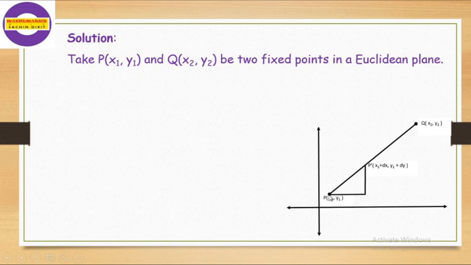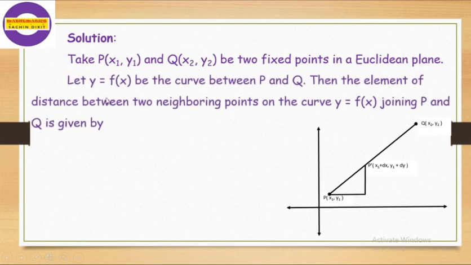We consider these 2 points, one is P, other is Q. Let y equals f of x be the curve between P and Q. Then the element of distance between two neighboring points on the curve y equals f of x joining P and Q is given by, we take the neighboring point of P as P dash with x1 plus dx and y1 plus dy.